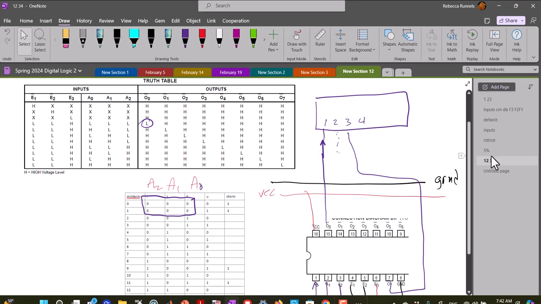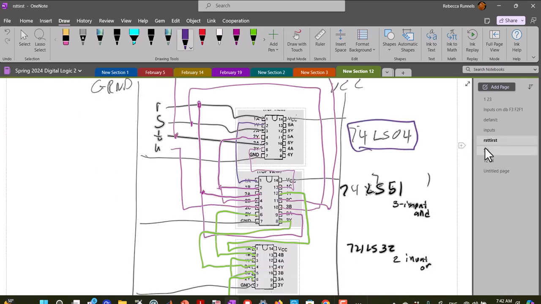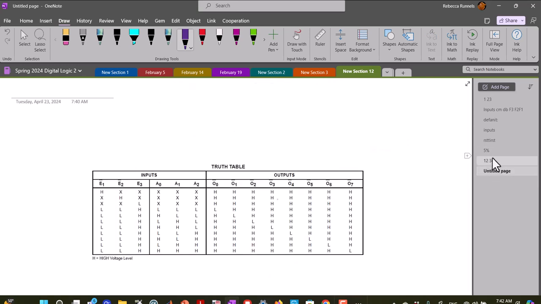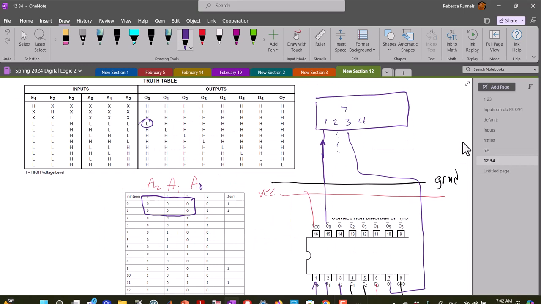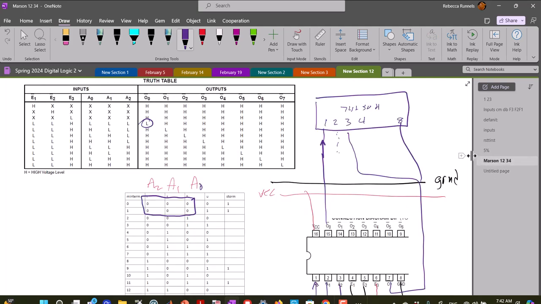This is a NOT gate that I've got right there, which is 74LS04. And pin 8 needs to be ground. And pin 14 needs to be VCC.